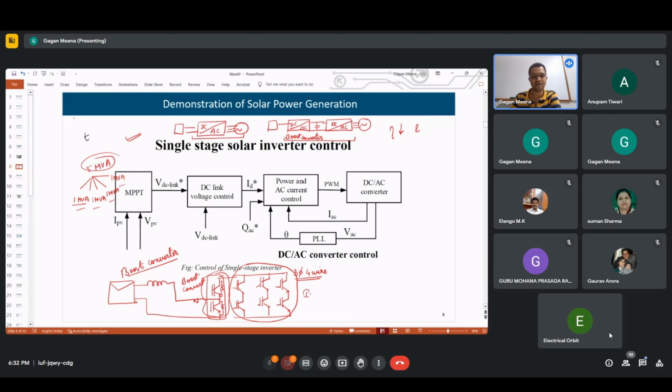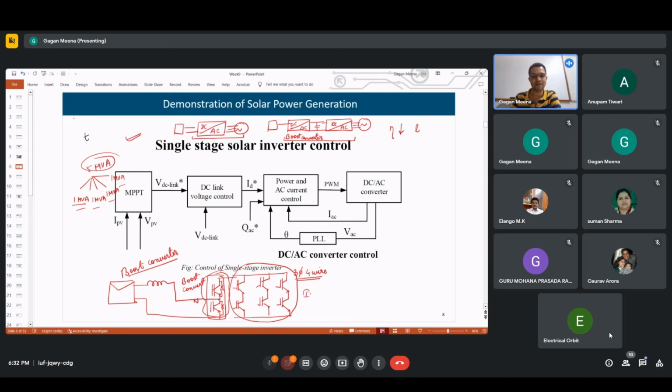That is why we convert these ABC sinusoids into other quantities. There is a frame of reference which converts ABC quantities into other quantities, and there are two options. One is the stationary frame, alpha beta, so ABC will be converted into alpha beta 0 quantities, giving three values.